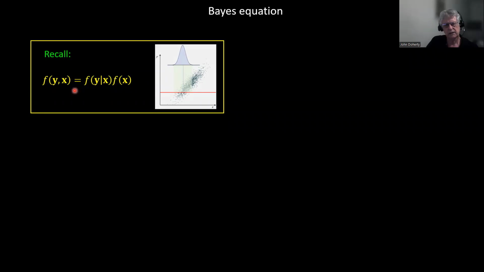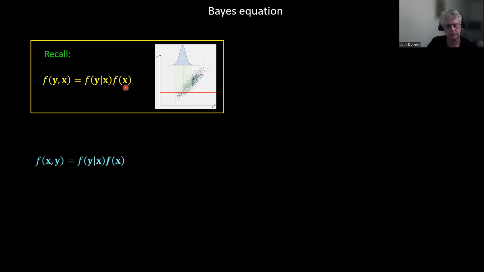We've got 2 random vectors here, y and x. What this equation says is that the probability of having y and x, and each of these has many elements maybe, is equal to the probability of y conditioned on x times the probability of x. Now, when you think about it, that's rather obvious.